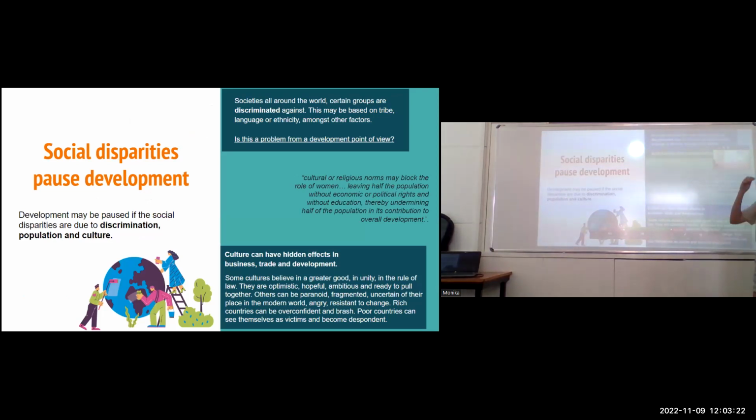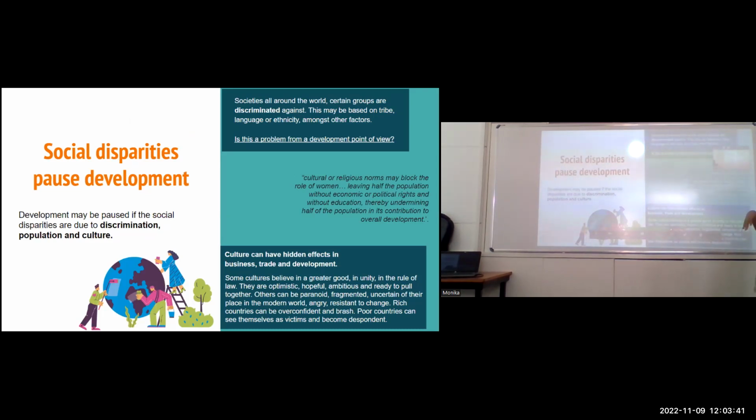Okay, so first we are going to unpack how social disparities, or social factors, can actually affect development. This is usually when these disparities are discrimination, population, and culture. I'm going to go deeper into them.